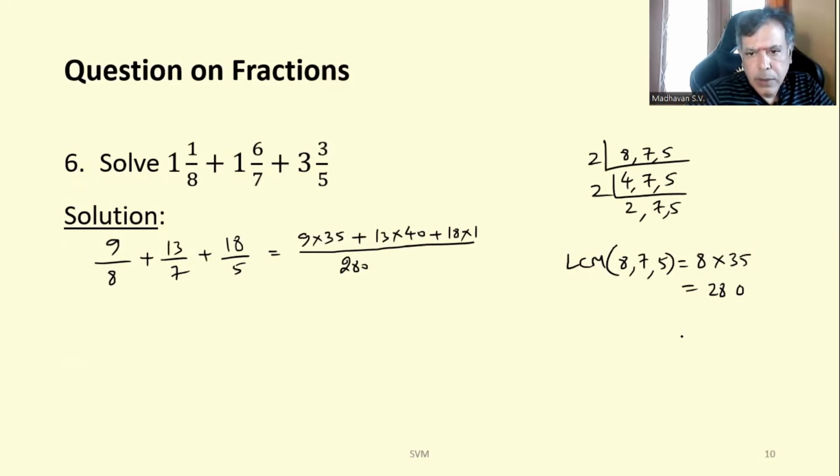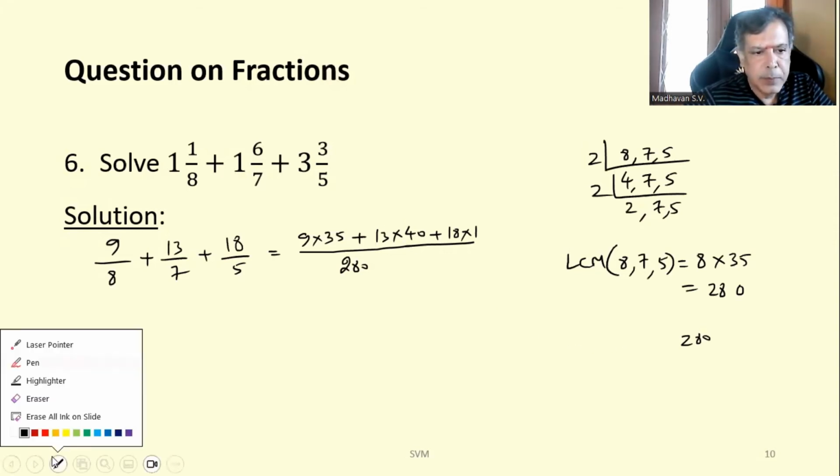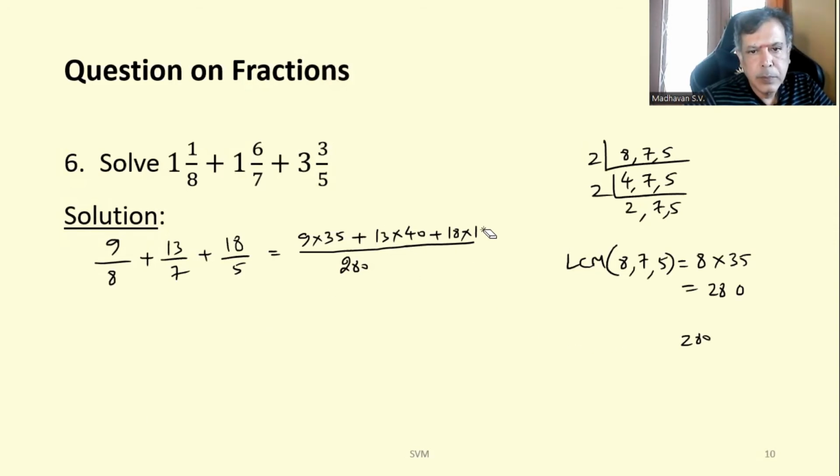We check. 5, sorry, I should make it 5. So 280 into 5, let us do that. 5 5s are 25, 30, 5 6s are, so 56 is getting multiplied.